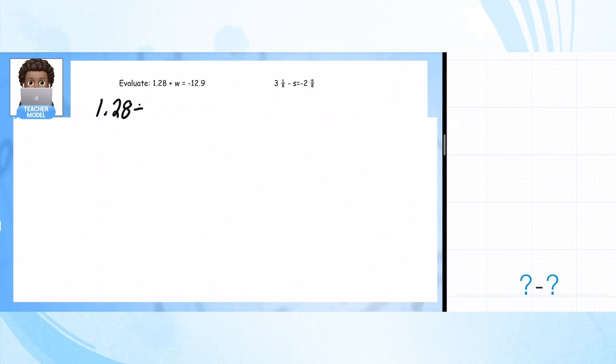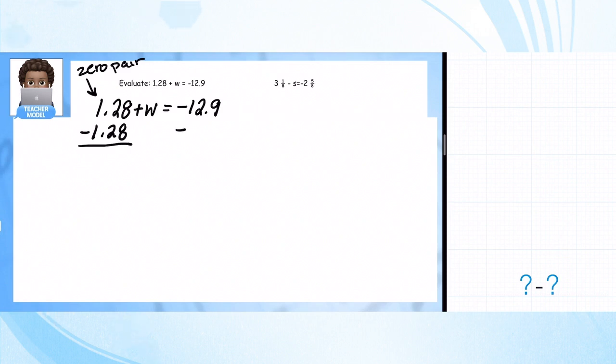1 2800ths plus a number is equal to negative 12 9/10. So again, I have a coefficient, so that means we're going to make a 0 pair. And to do that, I'm going to subtract 1 2800ths from both sides. And this will leave us with just a number on the left.